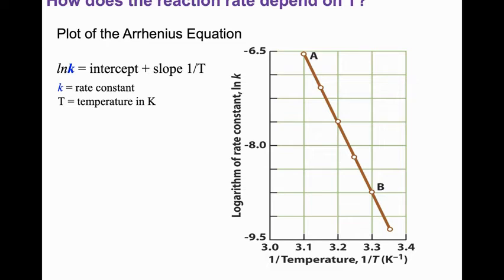So how does a reaction rate depend on temperature? All of that information is carried in the value of the rate constant k. The rate constant k changes with temperature, and it changes in an exponential way, right? The natural log of the rate constant k as a function of reciprocal temperature gives us this Arrhenius line.